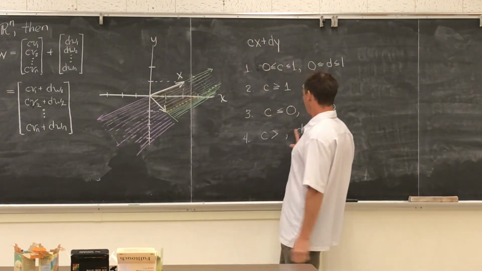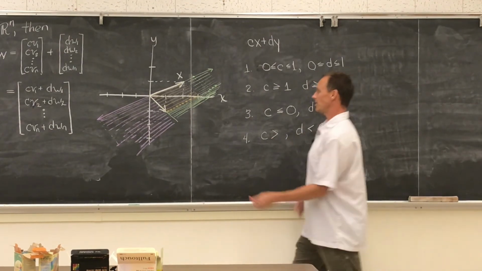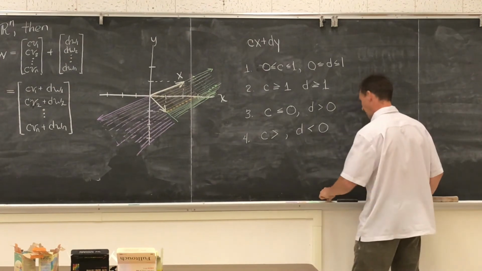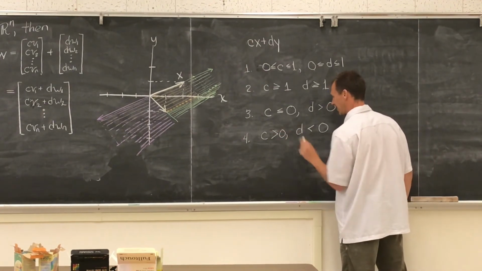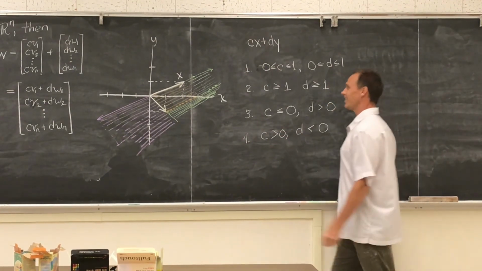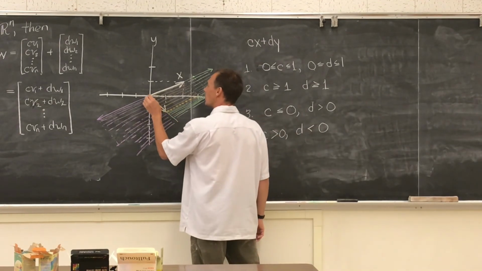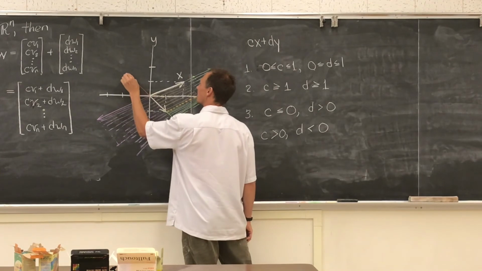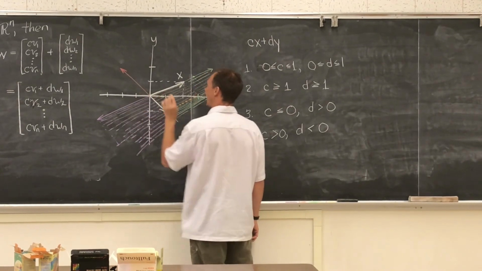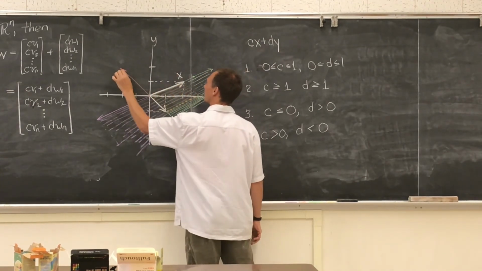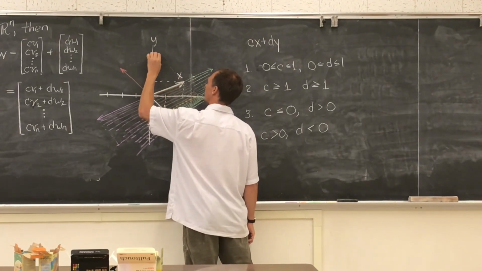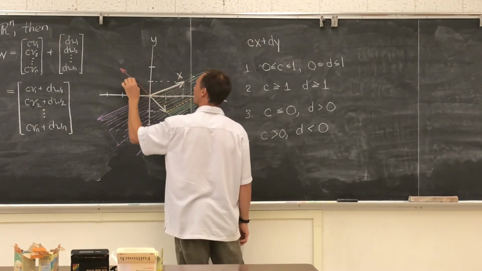So now if c is positive and d is negative, oh, when I need a 0, I'm sorry, c is greater than 0. So if d is negative, that switches y out this direction. And now I get the parallelogram formed by cx and dy. And pretty soon I fill out this entire quadrant.